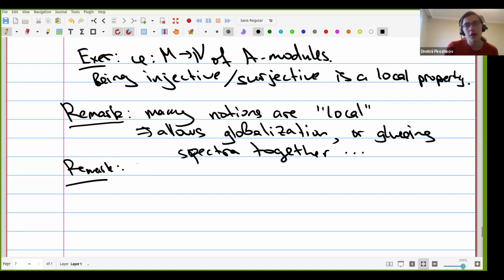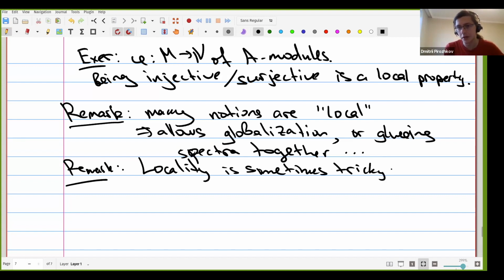For example, locality is sometimes tricky, and here I will say what I mean.